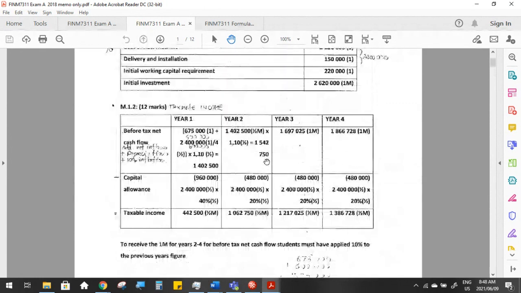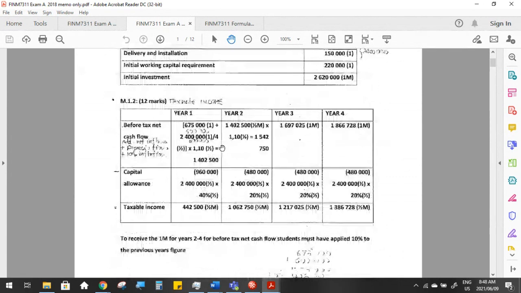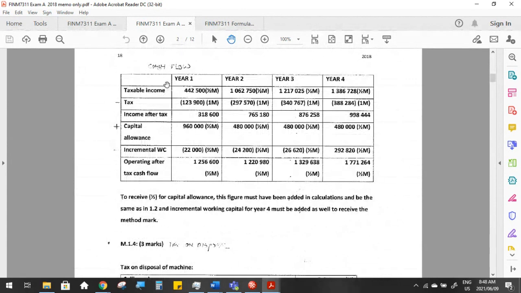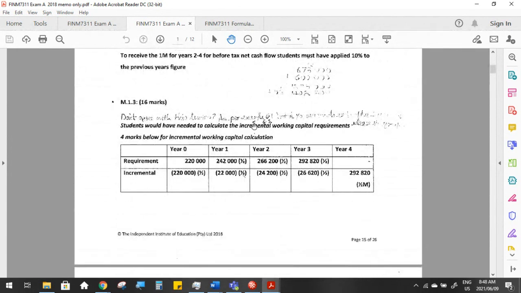Remember here we've got initial working capital investment in the initial cash flow section, but in this question they said in every single year our working capital has to increase by 10% per annum. So this workings over here is to calculate the incremental amount for each year that we have to invest in working capital.